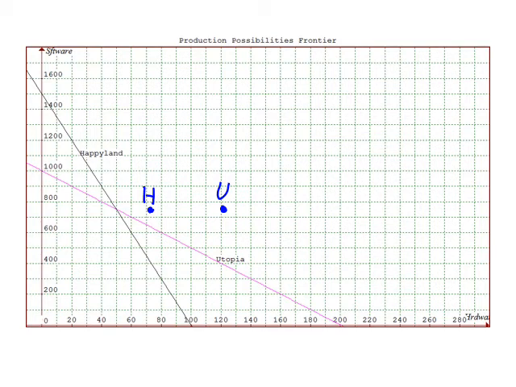I do want to emphasize some students in the past have confused these new dots as being where they produce. No, this is where they consume after specialization and trade.